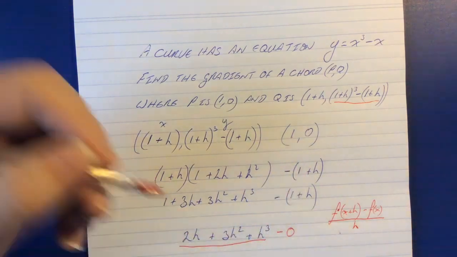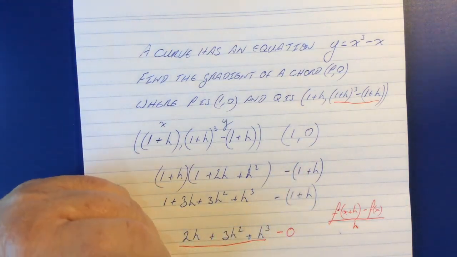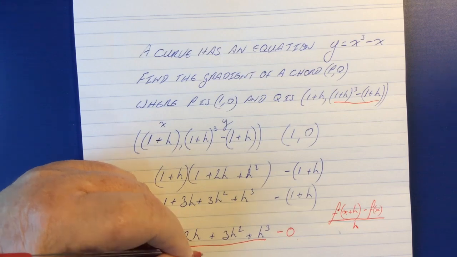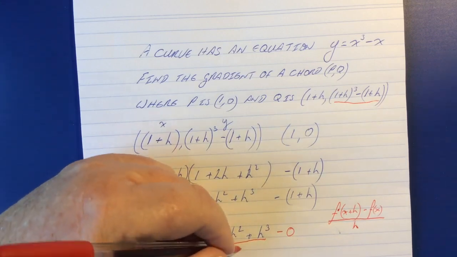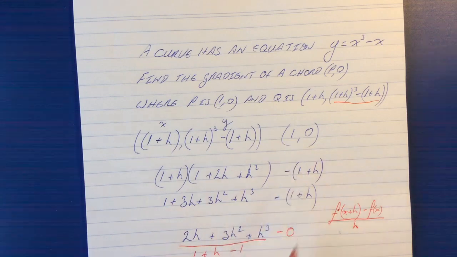So underneath here we have 1 plus h minus 1. Minus 1 we get from here. Okay, so that's essentially our gradient function.